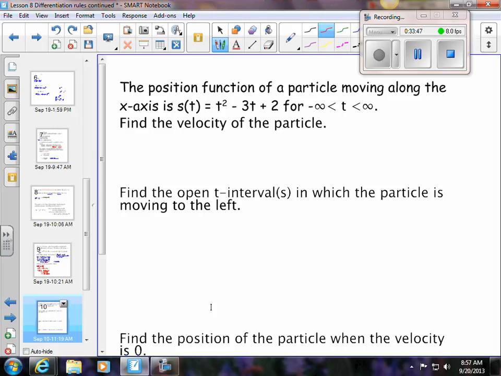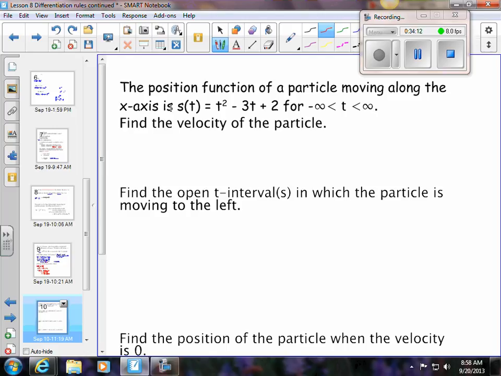In calculus, many times you're analyzing particle motion. The position function of a particle moving along the x-axis is given by s of t equals t squared minus 3t plus 2, where time goes from negative infinity to positive infinity.